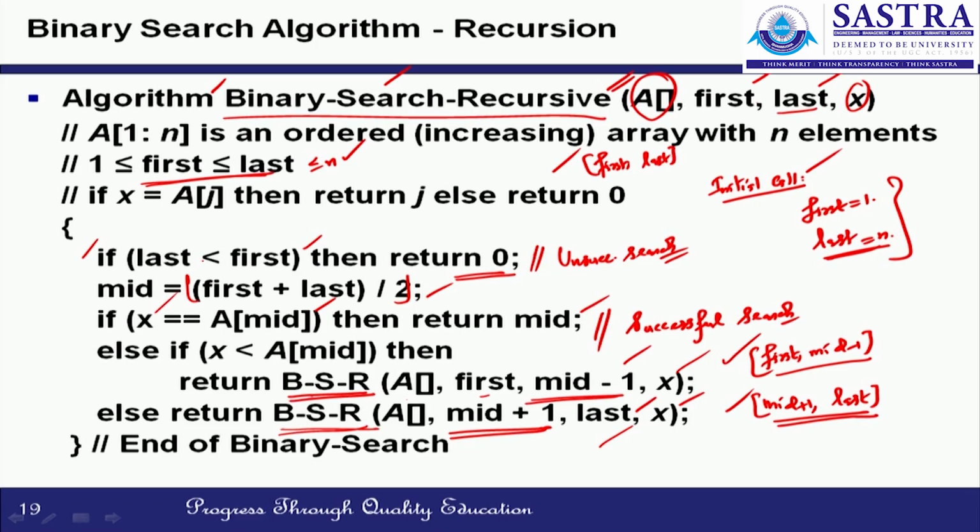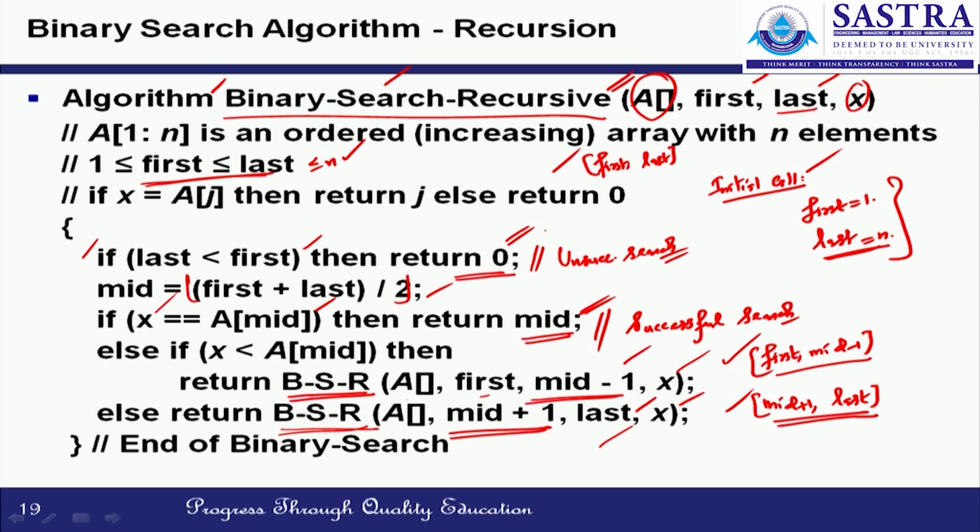At that stage, if x is equal to a of mid results in true, so the value returned is mid. So clearly in the recursive binary search algorithm, when there is a successful search, return mid returns a correct index. In case the searching element is not available in the array, return 0 returns a value 0.